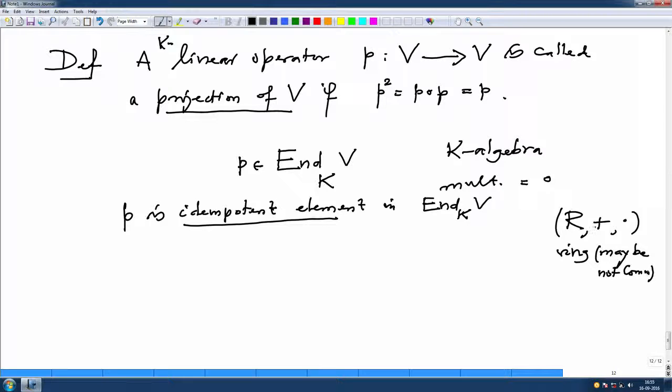With respect to plus, the ring is very good, because addition in the ring is an abelian group, so all invertibility properties are there. To study a ring, what is very interesting is the multiplication, what kind of properties multiplication has, whether it is commutative, what are the units, and there are special elements, the idempotent elements. Idempotent means x in the ring is called idempotent if x square is x.